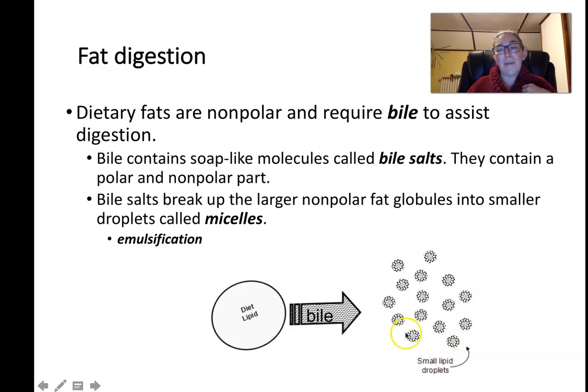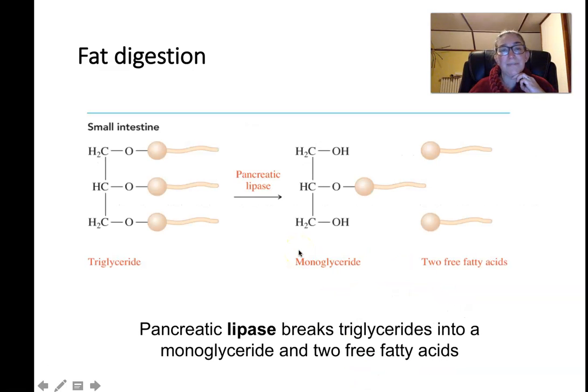So remember, emulsifiers can form micelles. They can form those structures where they've got the polar heads on the outside and the nonpolar tails on the inside, and they trap a little bit of fat in each one. And that process is called emulsification.